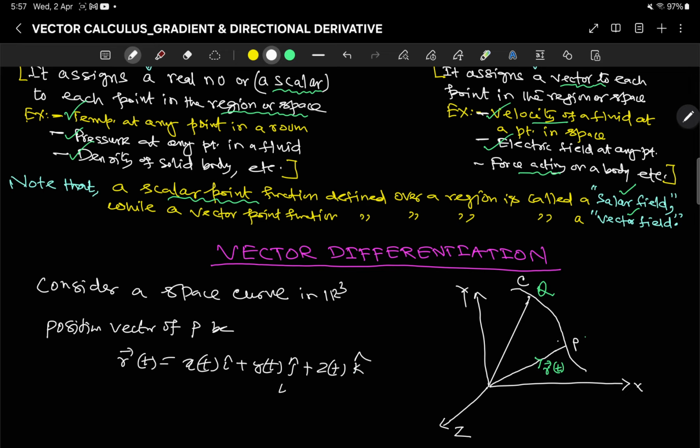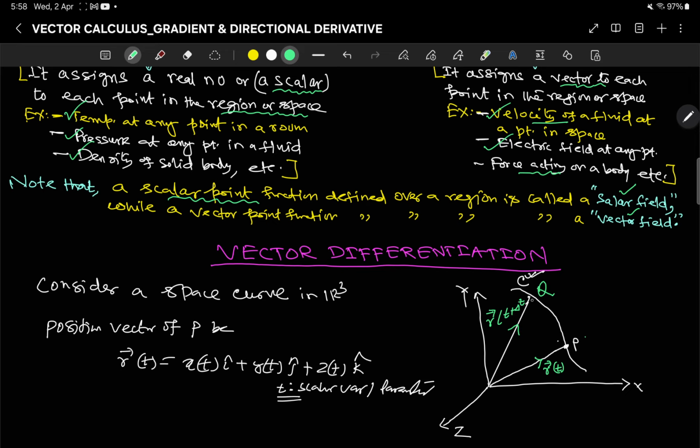Here t is a scalar variable or parameter. Now as t changes, this point P describes the curve C, generating the curve C. Let Q be the other neighboring point, and its position vector will similarly be r(t plus delta t).